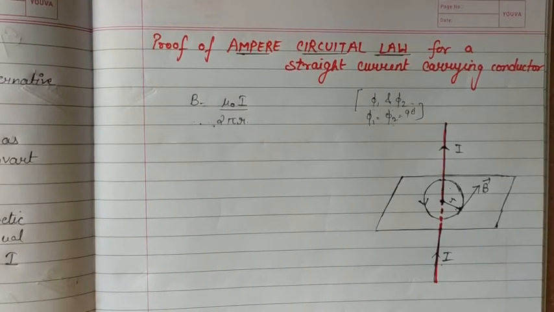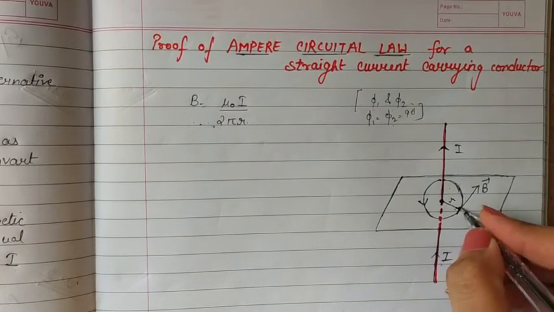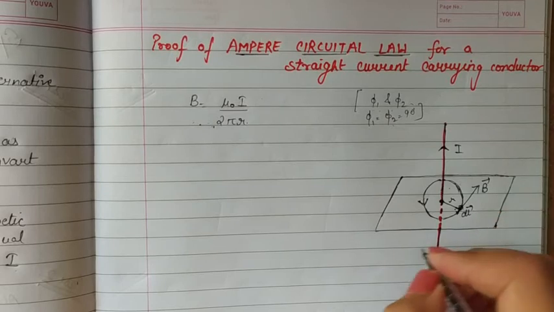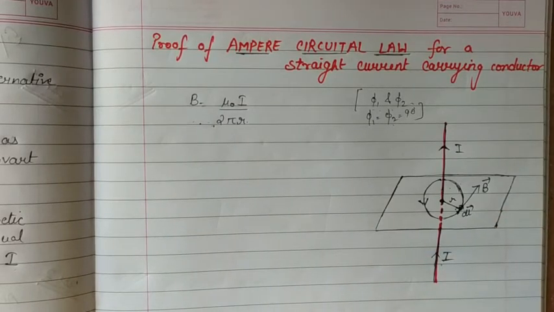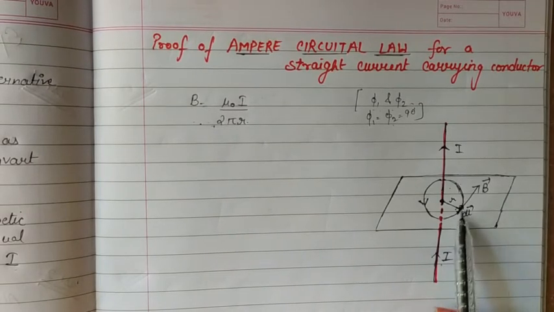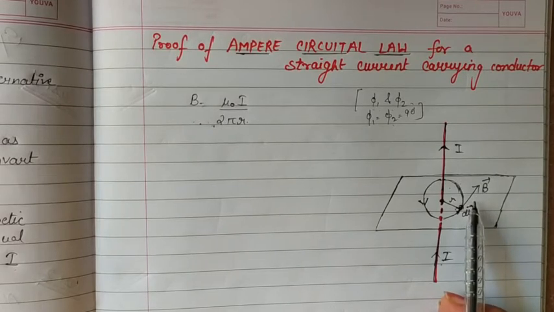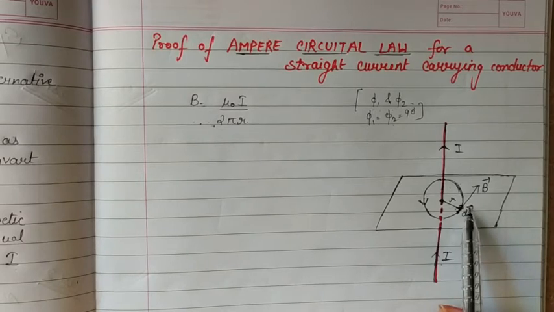For that, we consider a small current element dl vector along the circle. Now at every point on the circle, both B vector and dl vector are tangential to the circle, so the angle between B vector and dl vector is always 0.